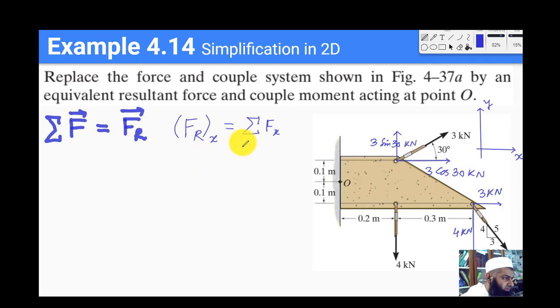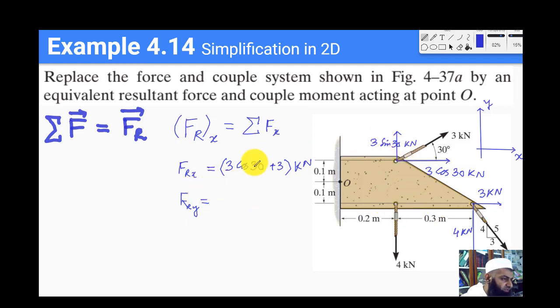So now this equation simply becomes, so we have two forces in the x direction, 3 cos 30 and 3 kilonewtons. So we get 3 cos 30 plus 3 in kilonewtons. So this is the resultant force x component, and the resultant y component is going to be equal to, we have three forces in the y direction.